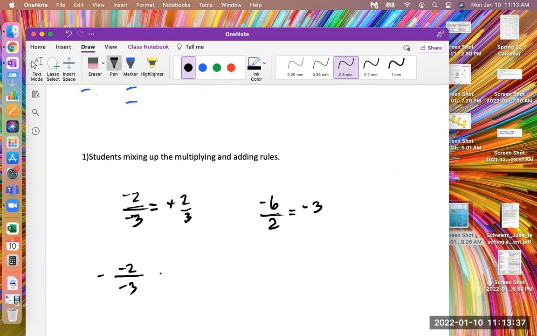So the negatives on the 2 and the -3 would snap together to be a positive here, and then it would be like a negative +2 over 3, which would just end up being a -2 over 3. Okay, because we can add as many positive signs, that's not going to change anything.